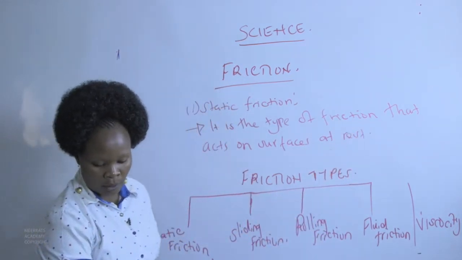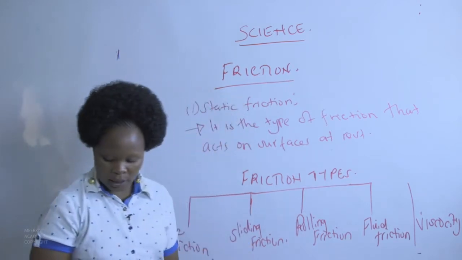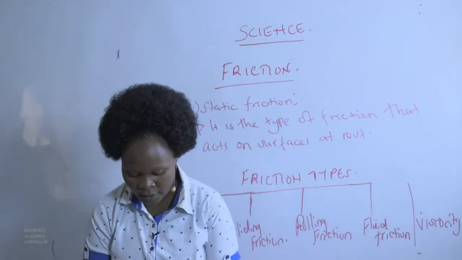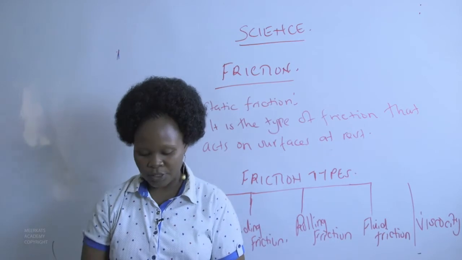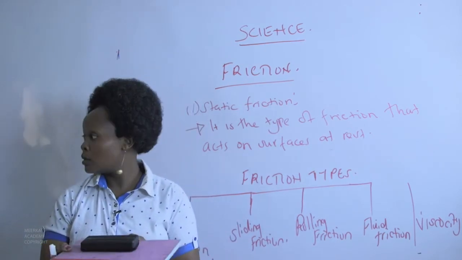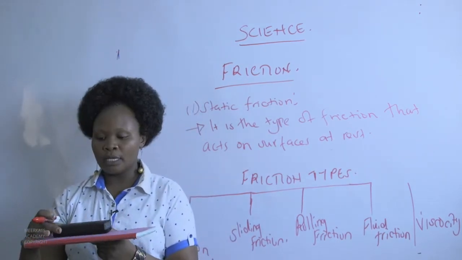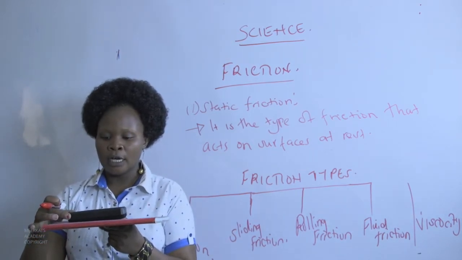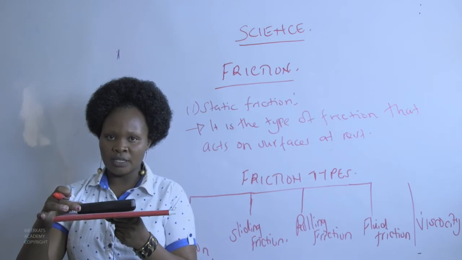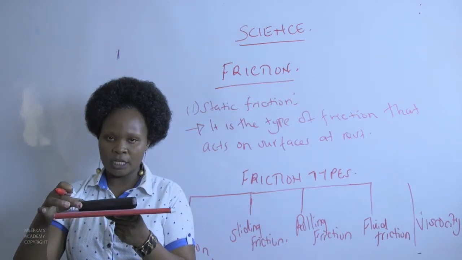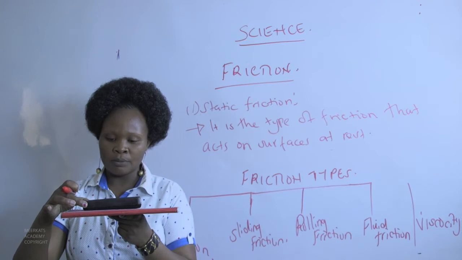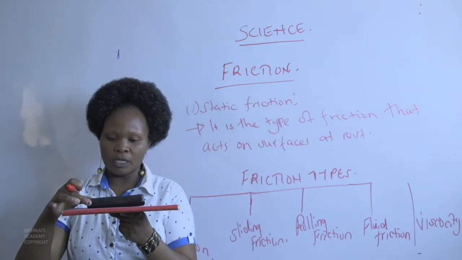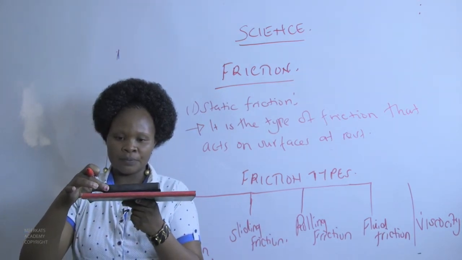Now, you could apply some force to an object that is at rest and make sure that the force is not enough to trigger motion of that particular surface.